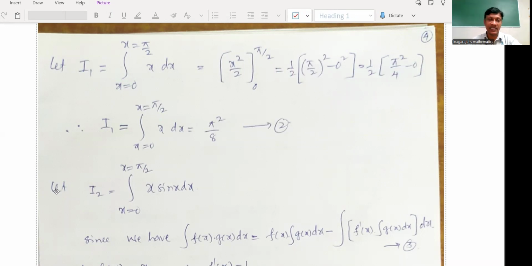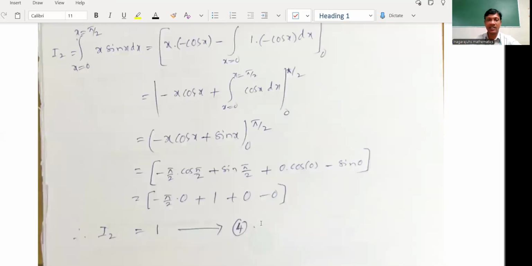Next, let the second term, I2 = integral x = 0 to x = pi by 2 of x sin x dx. We integrate this by parts using this formula: integral f of x into g of x dx equals f of x into integral of g of x dx, minus integral of f dash of x into integral g of x dx, whole dx.